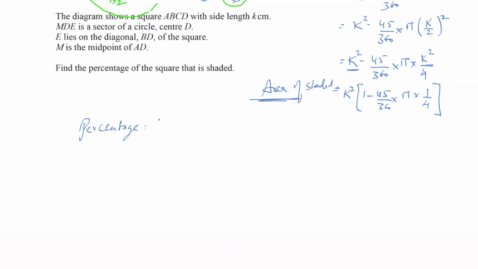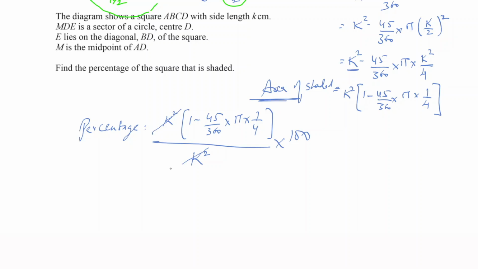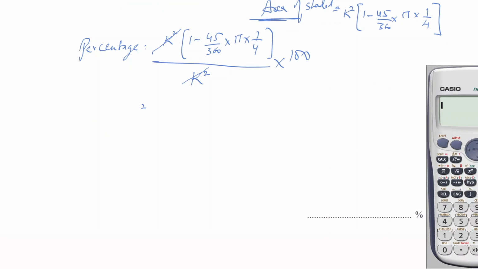The area of the shaded region is k square times 1 minus 45 by 360 times pi times 1 by 4, divided by area of the square, and if I multiply it with 100, you will get the percentage, right? Now k square and k square get cancelled out. So let's use a calculator now to find this answer.